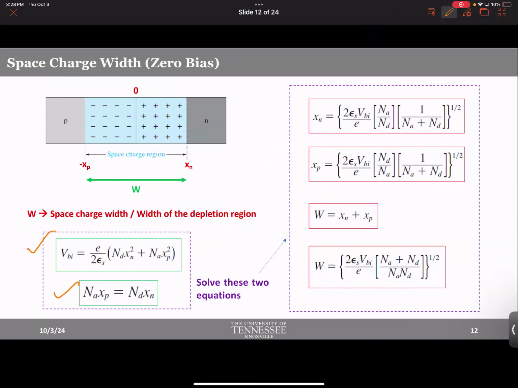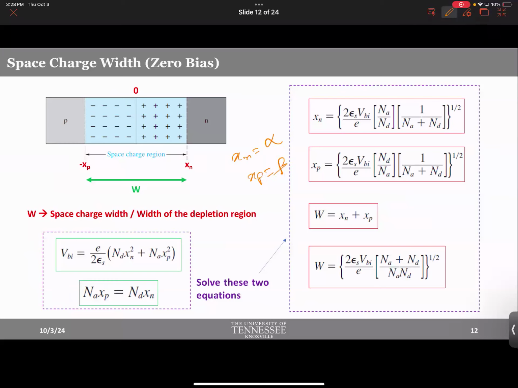So we have seen these two equations, and I'm giving you the hint, basically. If you express, say, xp equals ND xn over NA, just calculate xp here and replace xp in the first equation and do some calculation. Imagine xn is alpha, xp is beta.